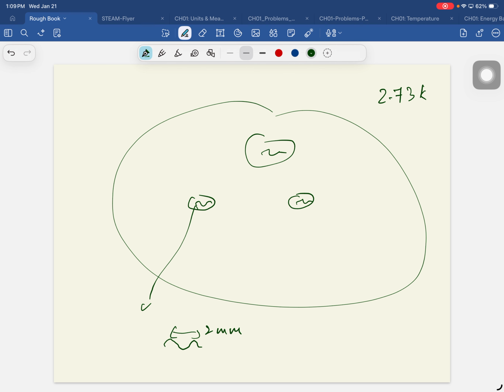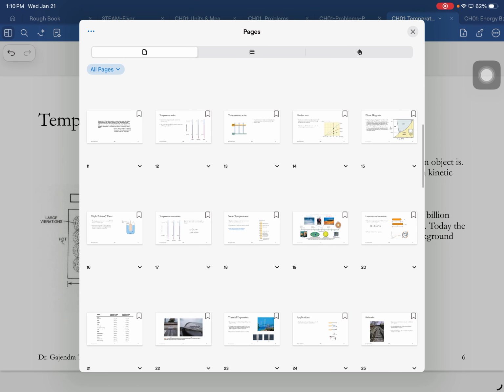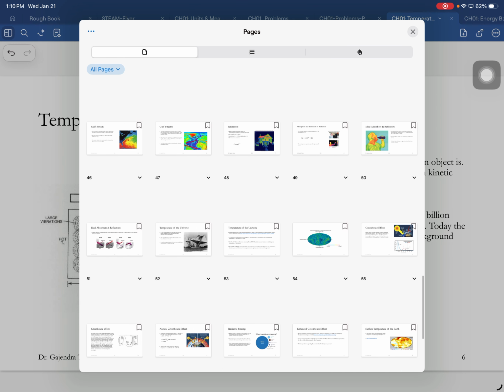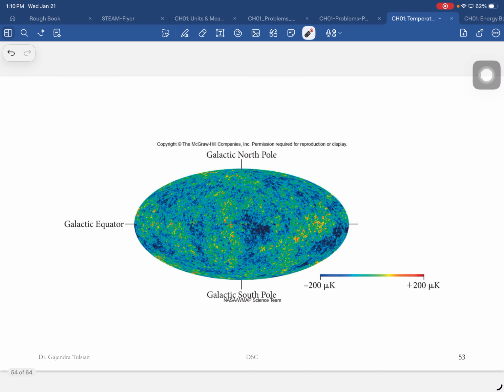Okay, that's the wavelength of this radiation. And we'll talk about it hopefully in the future. All right, that's what this statement is. So today the temperature of the cosmic microwave background radiation is 2.7 degree Kelvin. Let me show you a picture that I'm sure everybody has seen. So this is the picture that we are talking about.